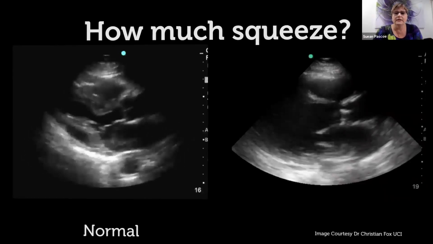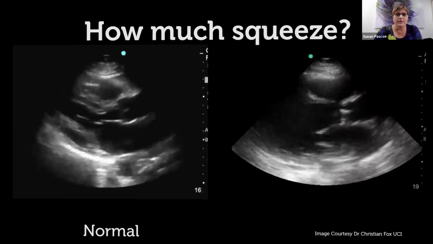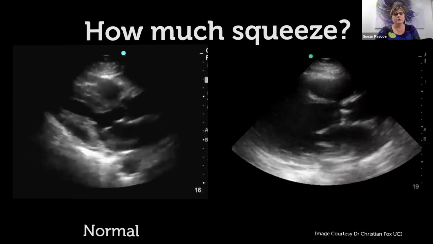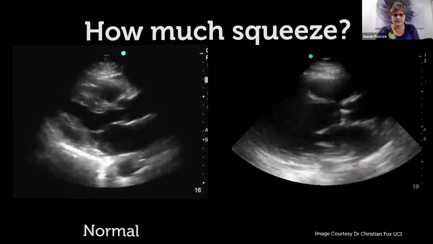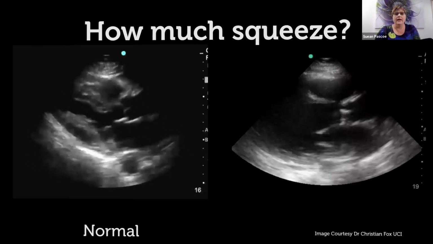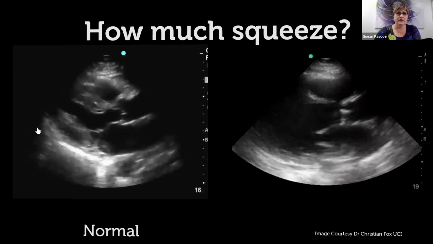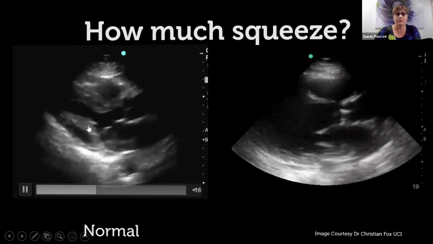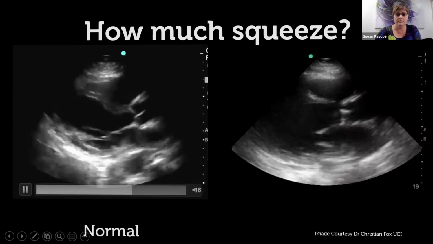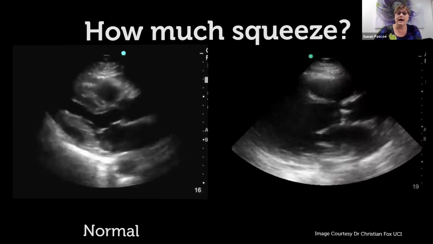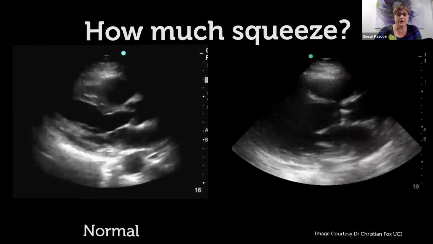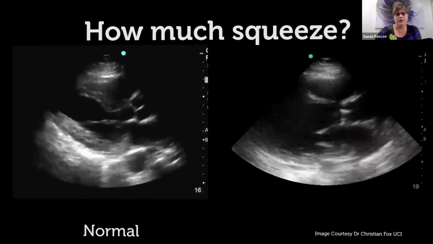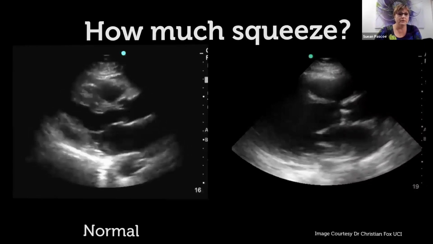The left ventricle is contracting and the septal wall and the posterior wall of the ventricle come closer together in systole. We're now looking at the change of the left ventricular cavity. And so we should see these ventricle walls come closer together as the heart pumps. The left ventricular cavity size should change by about 25 to 40%.